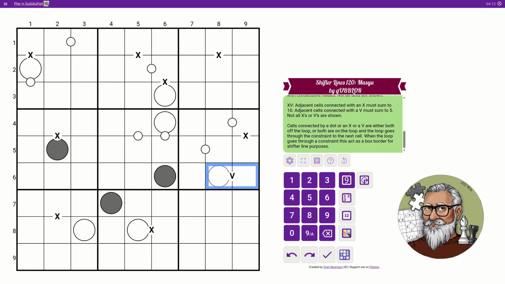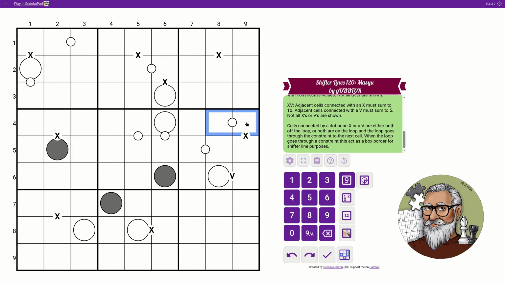Cells connected by a dot or an X or a V are either both off the loop or both on the loop. So cells connected, all right. Okay, so either these both are on the loop or both off the loop, same here. Okay. And the loop goes through the constraint to the next cell.